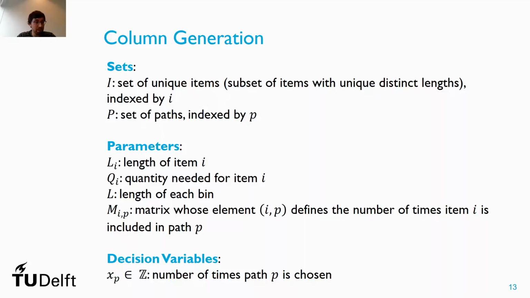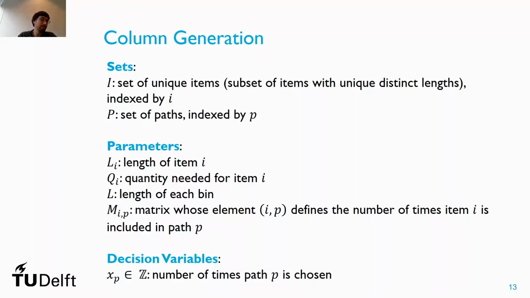We have the quantity needed for that item. We have the length of a bin. And then we have, it's actually a matrix. You can use other definitions. I'm using this matrix definition, M_IP. And that's a matrix whose element IP defines the number of times item I is included in path P.